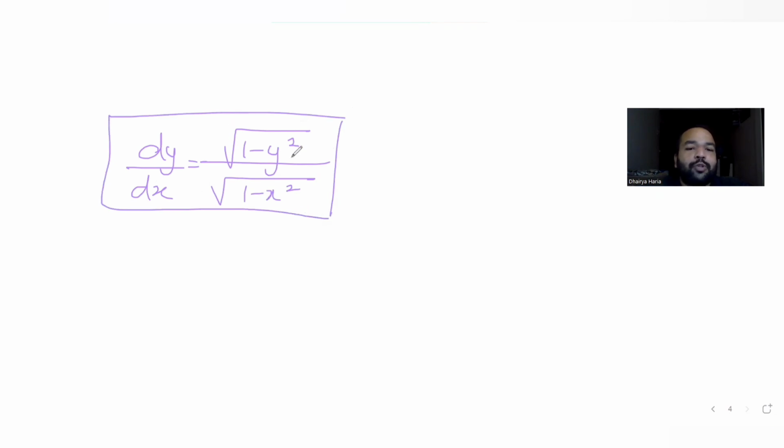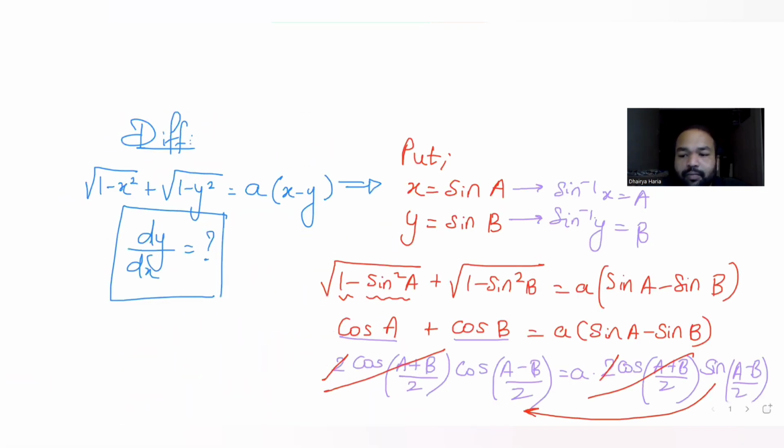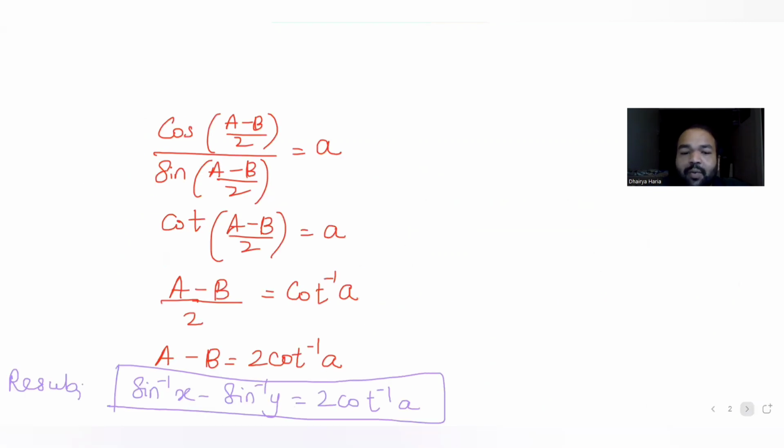Now let's see the option which matches in the question given to us. The question says root of 1 minus x square plus root of 1 minus y square is equal to a times (x minus y). We substituted x as sine A and y as sine B, and simplified that to get sine inverse x minus sine inverse y is 2 times cot inverse a.